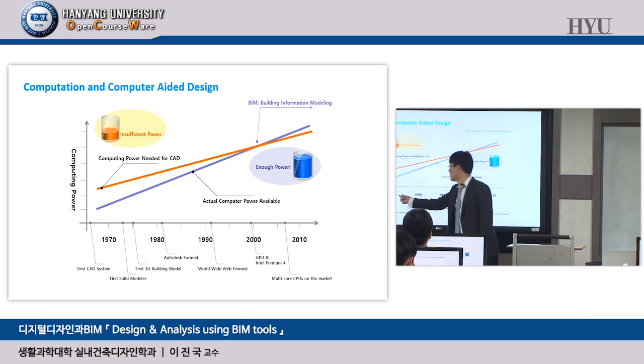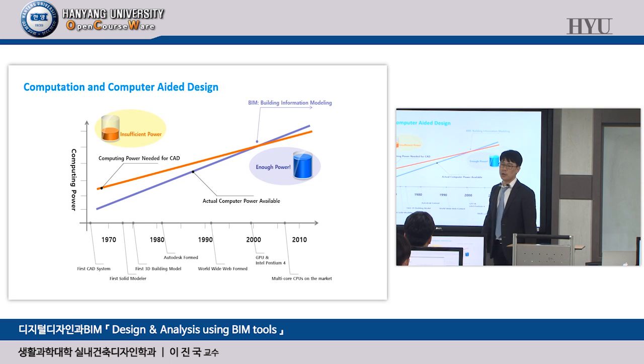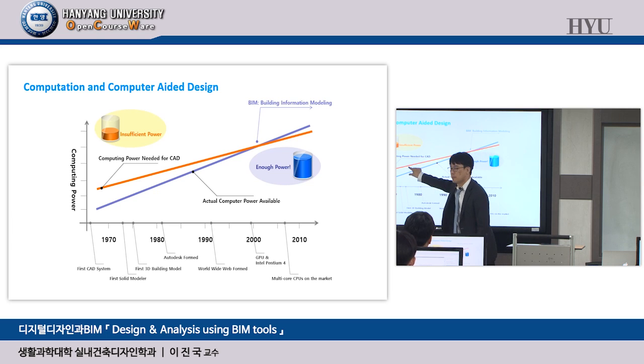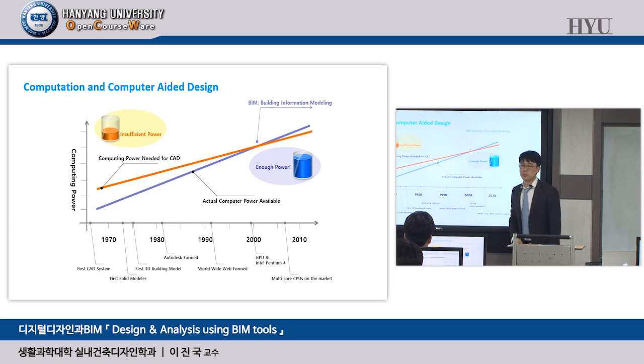Even in the 1970s, 80s, the concept and approach of BIM were already formed by researchers in universities. Some leading researchers, developers, already developed some BIM-related systems, but no one could use BIM, okay? Because of this gap. But nowadays, no problem, okay?